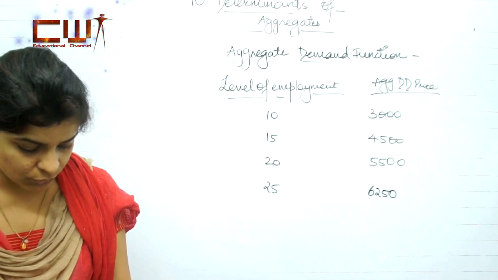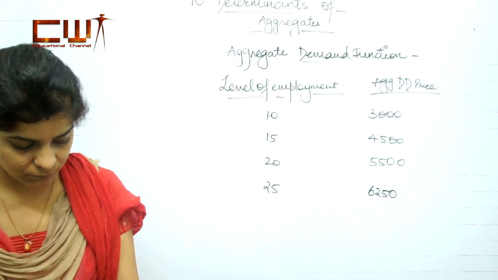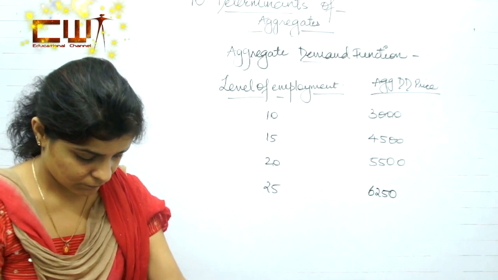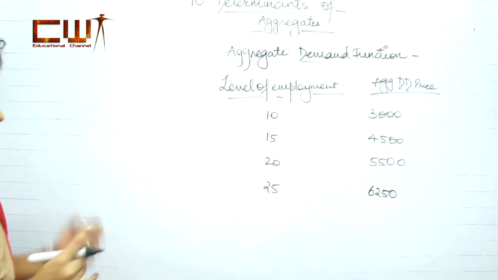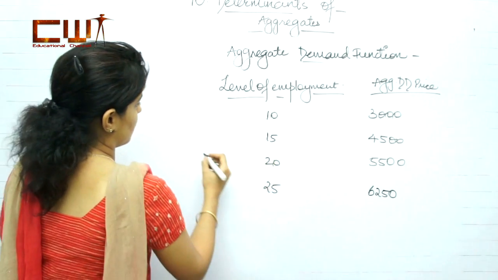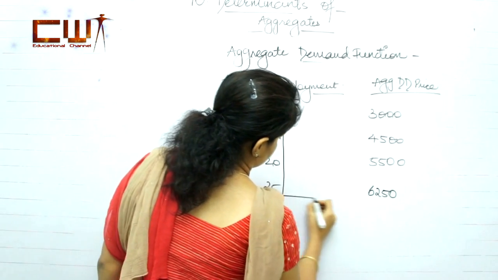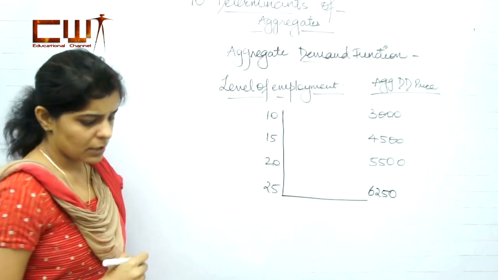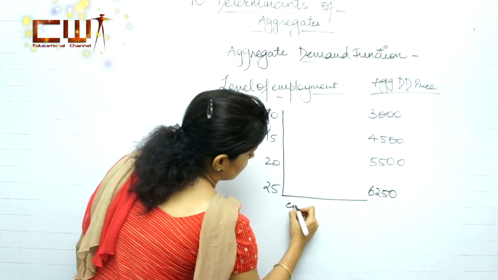Now see what you have. Aggregate demand curve. Now if you want, you can make the curve also. How will you make the curve? You will have employment.